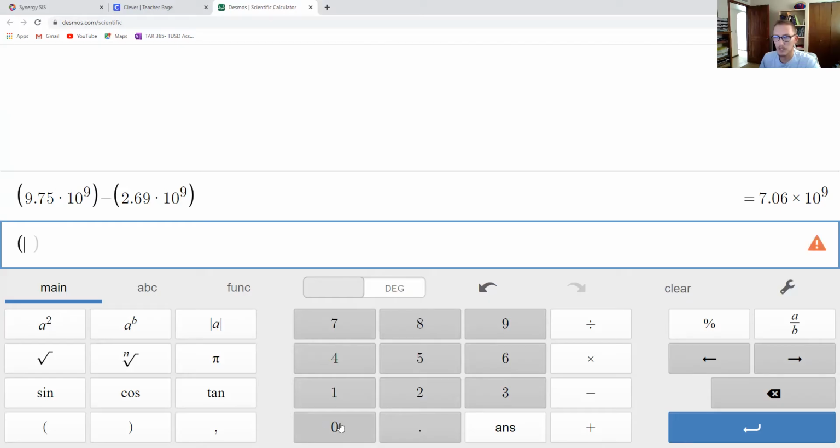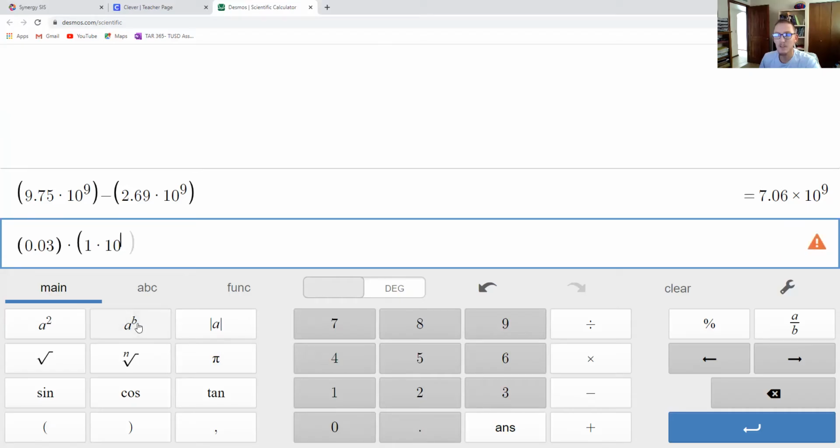So we're going to go parentheses, 0.03, click to the outside of it, times my second parenthesis, 1 times 10, exponent, and it was a negative 3rd power, so negative 3. With this Desmos calculator, you're just going to use the minus sign for negative.